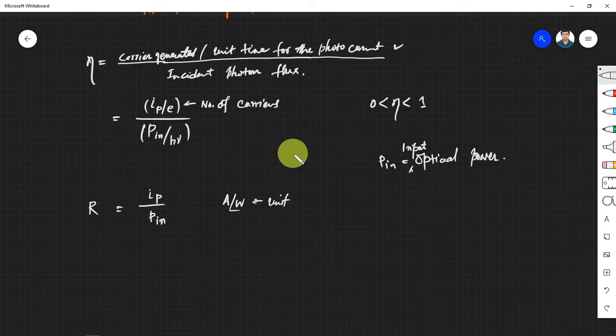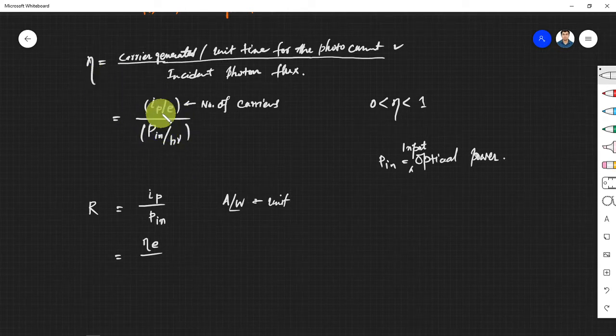So how do you define it again? It is I_PH by P in. I_PH, how much current it will generate, is eta into E over h nu, right? So we know eta equals I_P by E into P in by h nu.